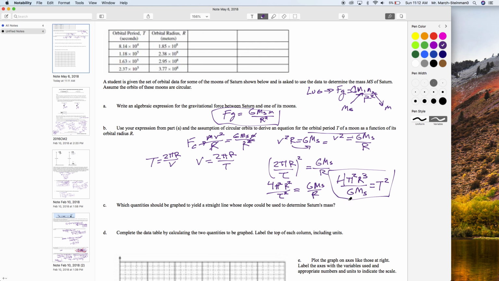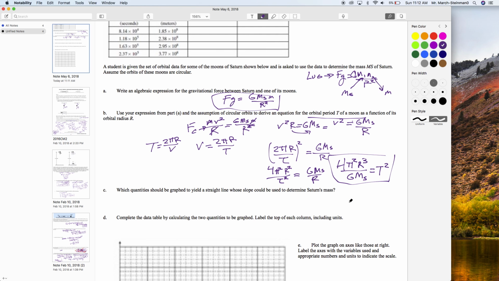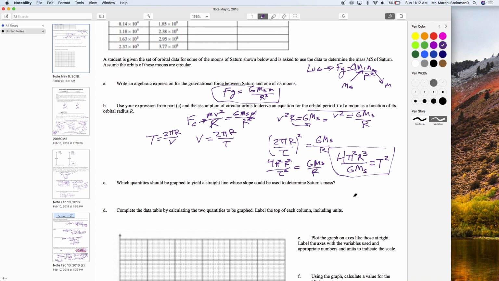Additionally, I could take this value and put it over there. It doesn't really matter.